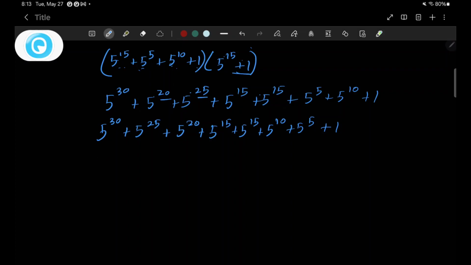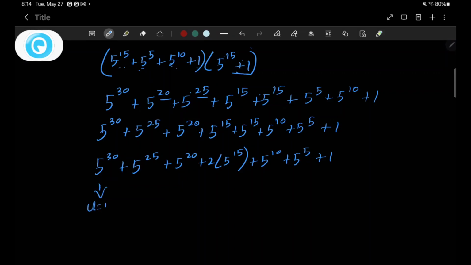Let's simplify them. 5 to the power of 30 plus 5 to the power of 25 plus 5 to the power of 20 plus 2 times 5 to the power of 15 plus 5 to the power of 10 plus 5 to the power of 5 plus 1. From here, let's just write down the units.